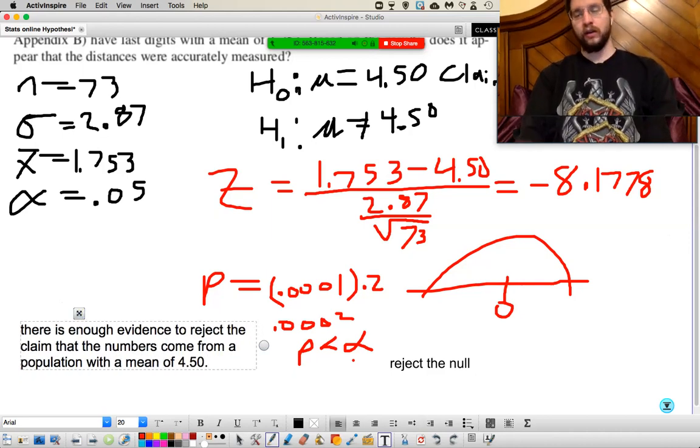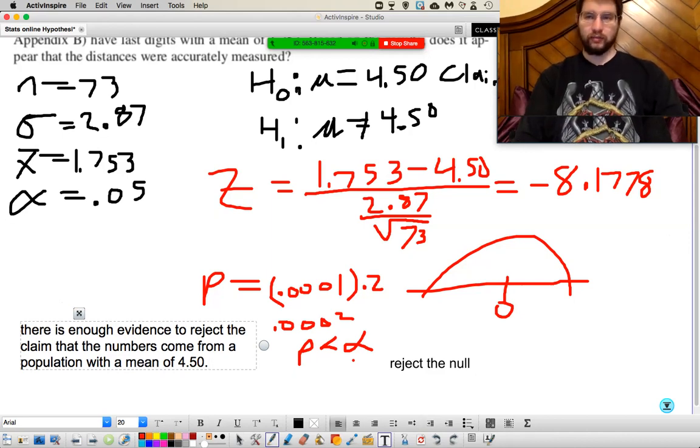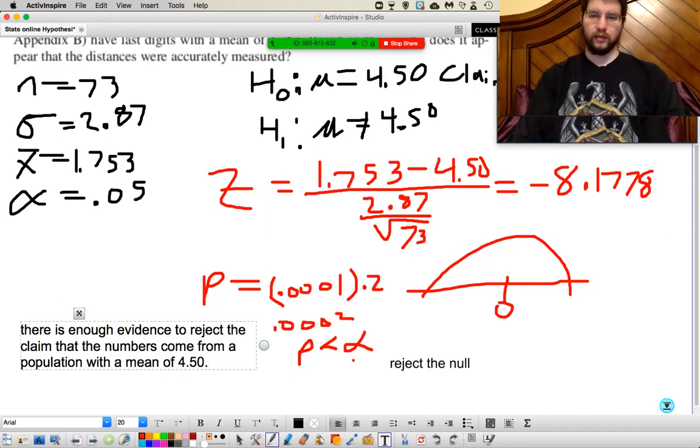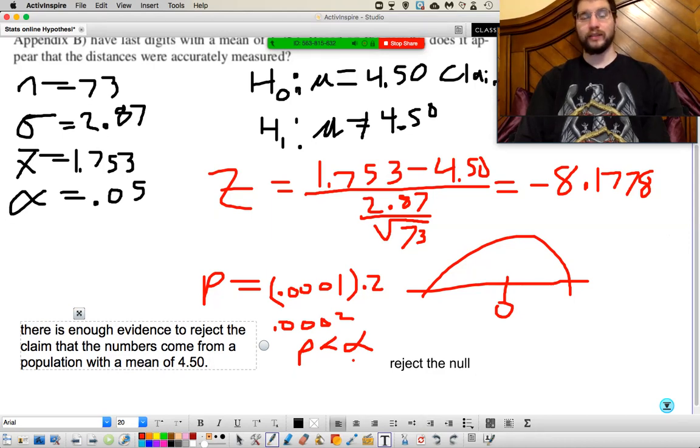That's the answer. We could do the critical value. I mean, inverse norm, use the Z table. This lesson is primarily focused on the T table, the T distribution. So I'm just going to leave it at that. But you have to be able to identify whether you have a Z or a T. That's based solely on whether or not you have sigma.